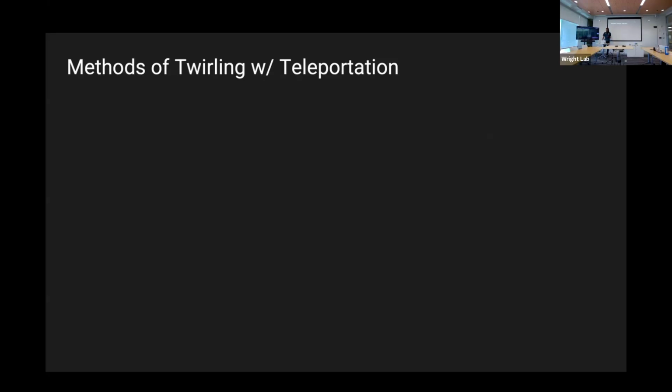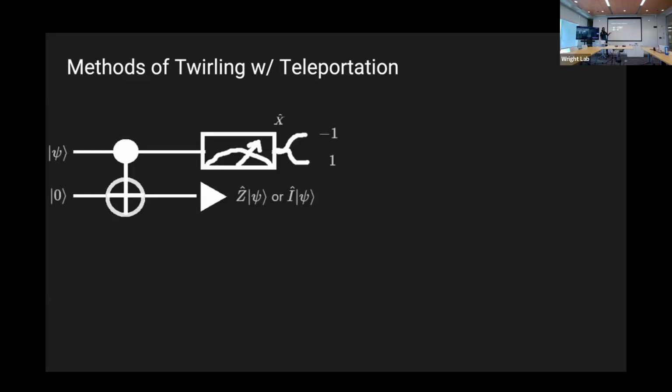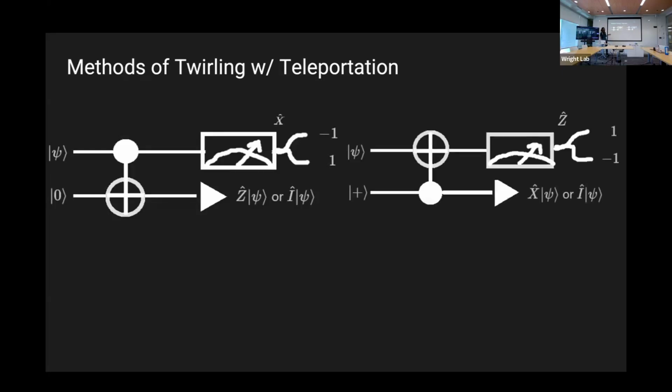It's called a teleportation circuit. This is a rough example of a teleportation circuit. This is another one. The result of using a teleportation circuit is applying a Pauli gate to an input qubit probabilistically.